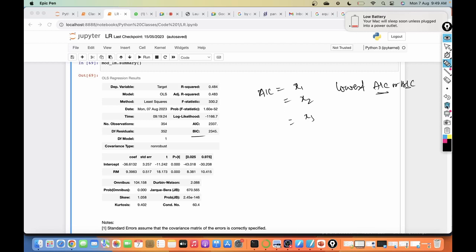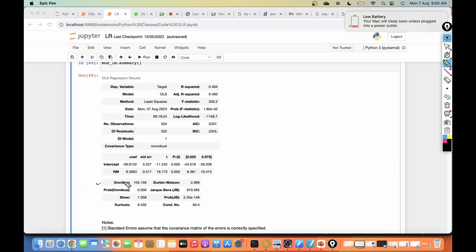Now we'll move to omnibus. These are certain assumptions and things that we'll read in further classes. What is omnibus telling us?